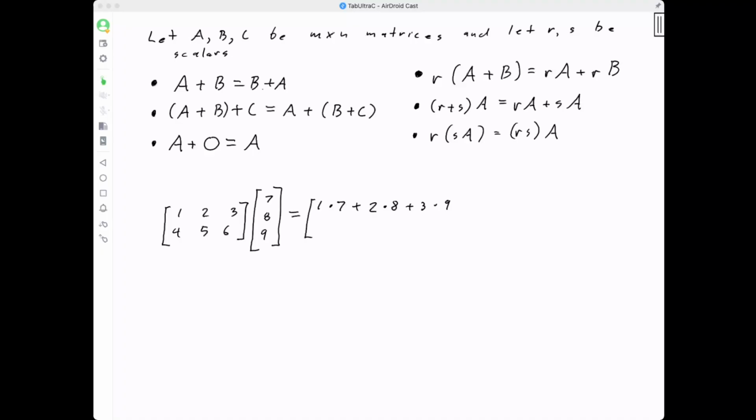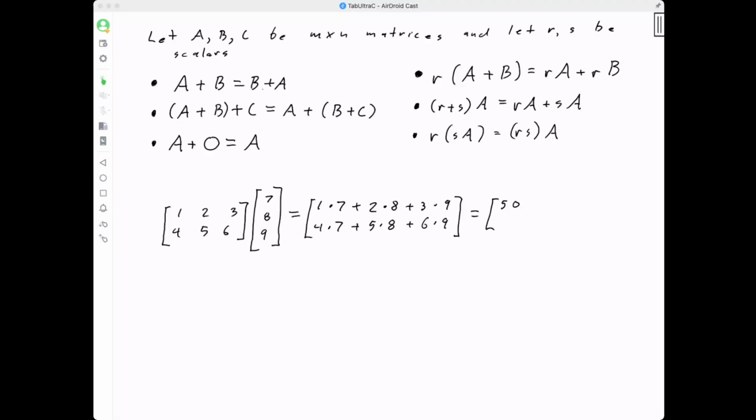And then for the next row, I'm going to get 4 times 7, 5 times 8, plus 6 times 9. I'm just going across the rows of the matrix and down the column vector. And that gives me the number 7 plus 16 plus 27 is 23 plus 27 is 50.